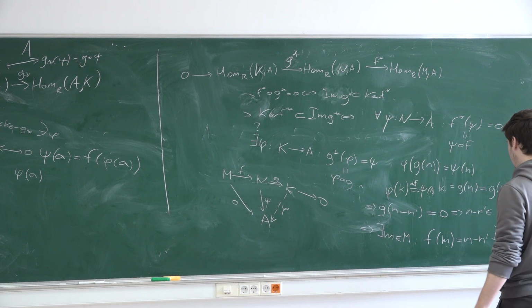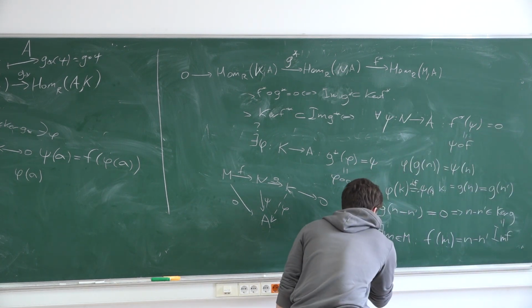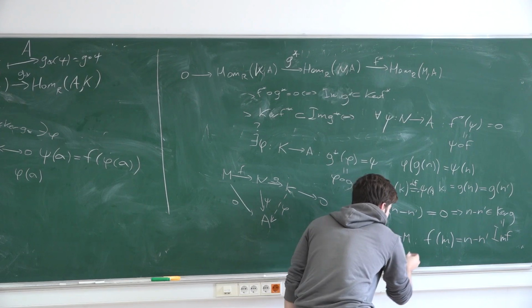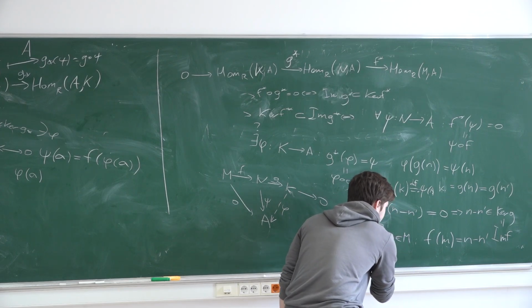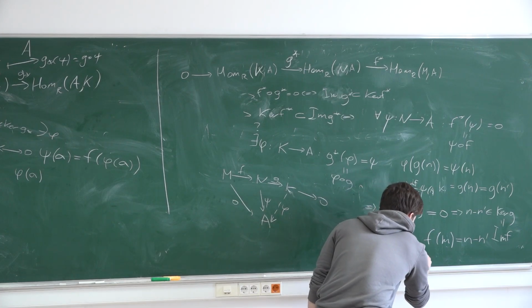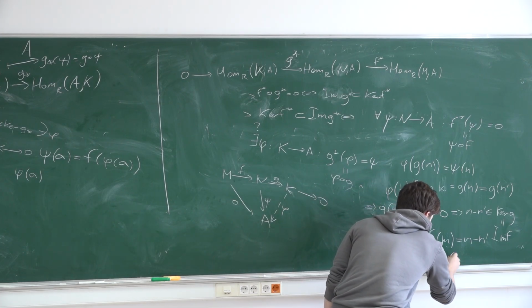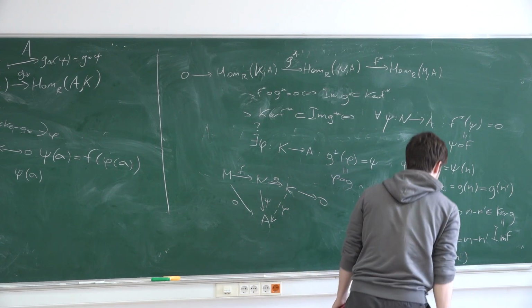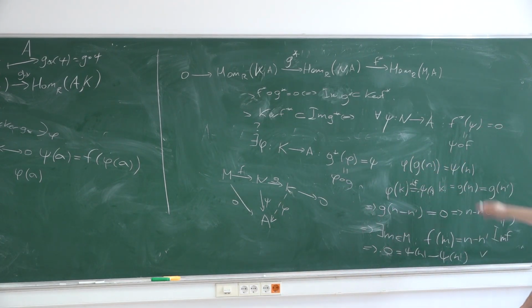Psi of the difference is 0, so the values of psi of n and psi of n prime are the same. It's 0, and it's correct. So this is correctly defined.